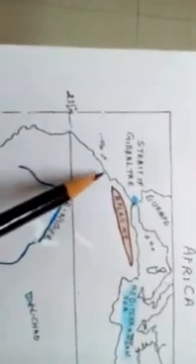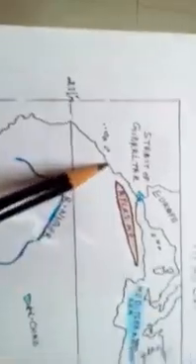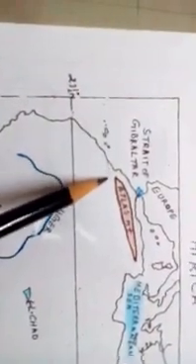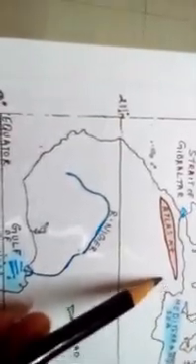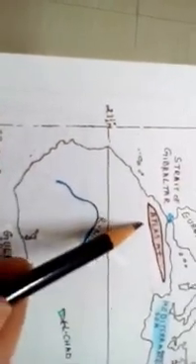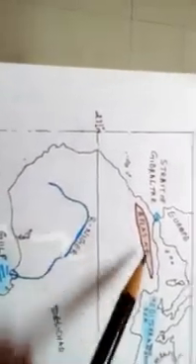Now let us mark it neatly. I hope all of you follow me and you will have no problem in marking at all. Now this is your northern boundary, that is, the Sahara Desert will be below this.